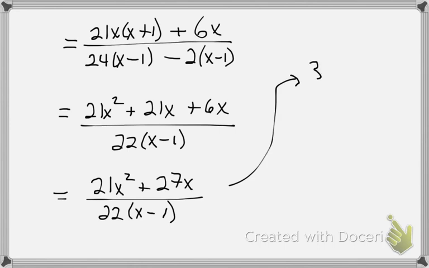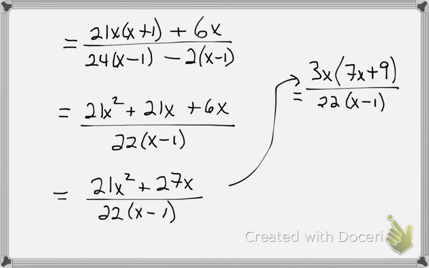We can factor out 3x, which would leave behind 7x plus 9. So 3x times 7x plus 9 over 22, x minus 1. Does anything cancel? Nope. This is the answer. This is our answer.